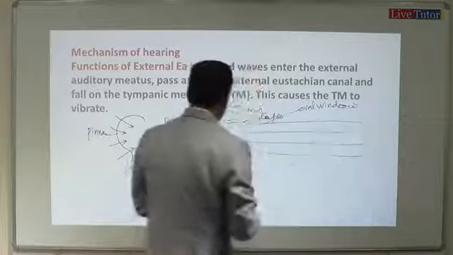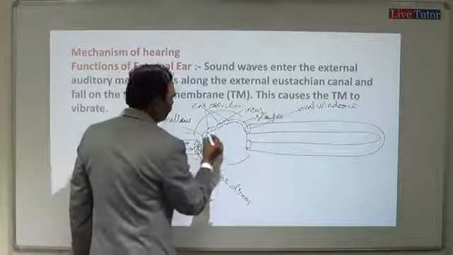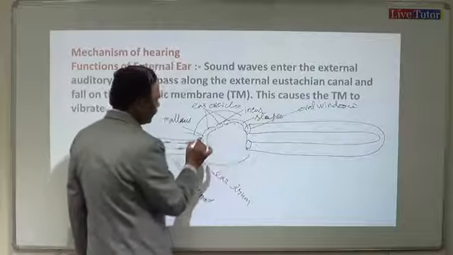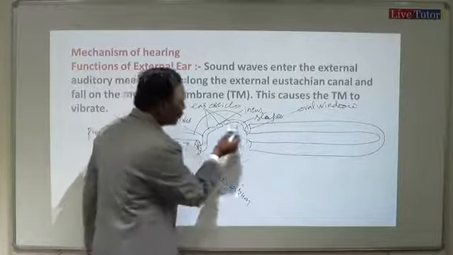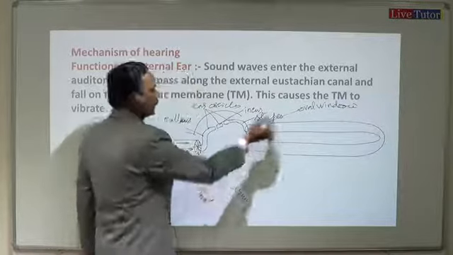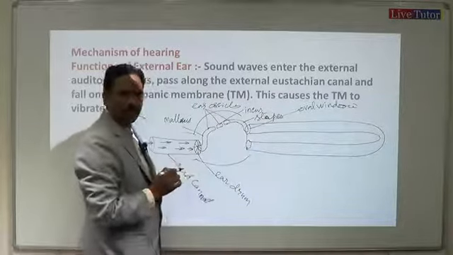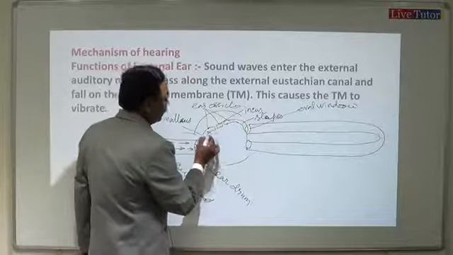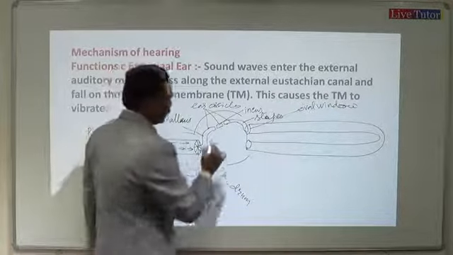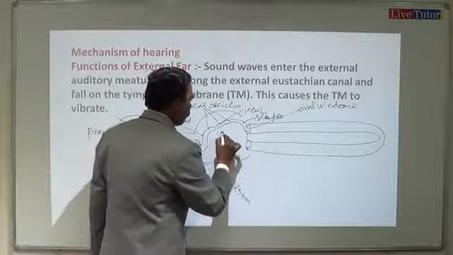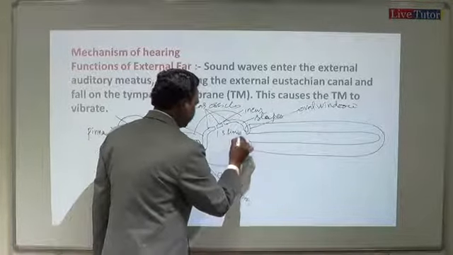So what is the function of the ear ossicles? The ear ossicles are used to transmit the sound vibration from the eardrum to the oval window in the inner ear, that is, in the cochlea. They not only transmit, they also amplify the sound vibration, about 1.3 times.